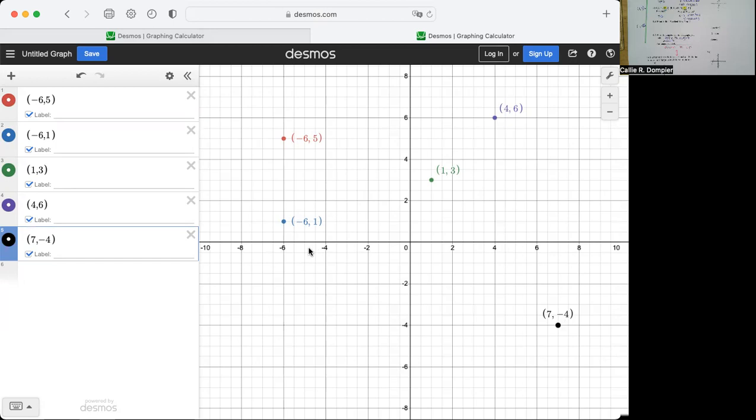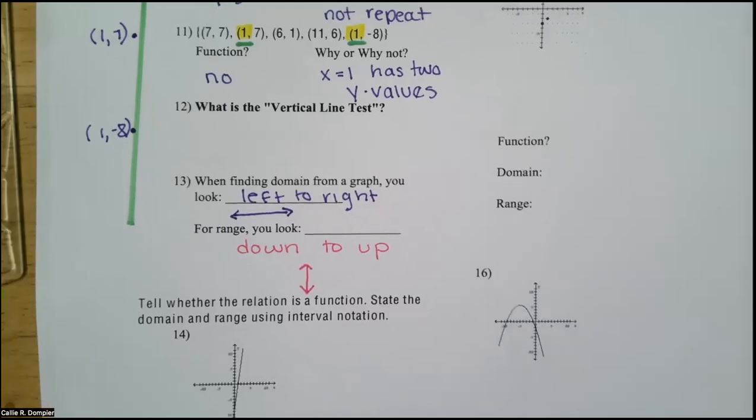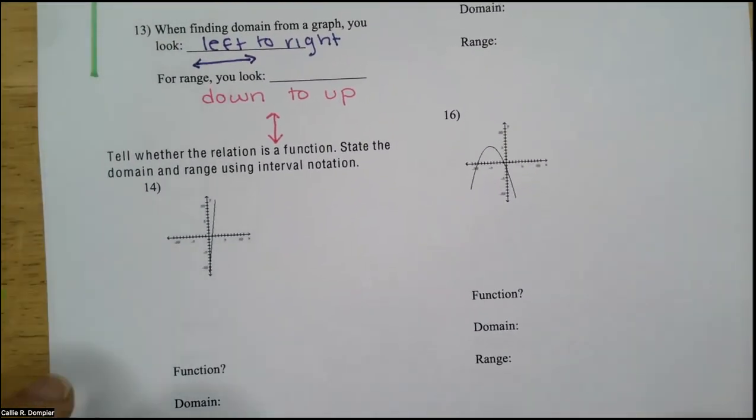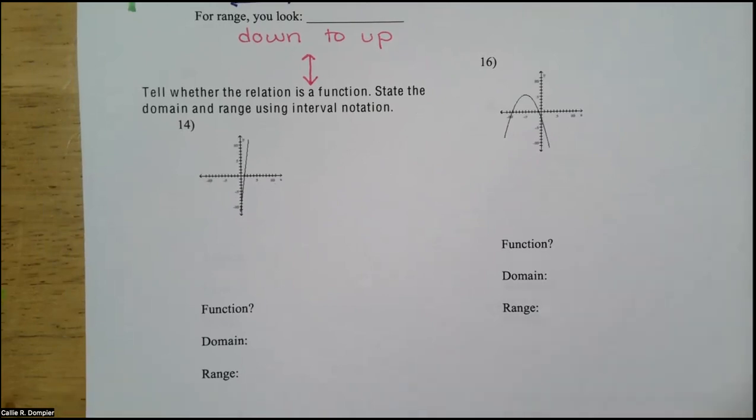Okay? So we're just going to say how far on the x-axis does it go to find the domain? How far on the y-axis does it go to find the range? Okay? Now they only give us a picture of a graph and ask, is this a function? Okay, remember, does it pass the vertical line test?